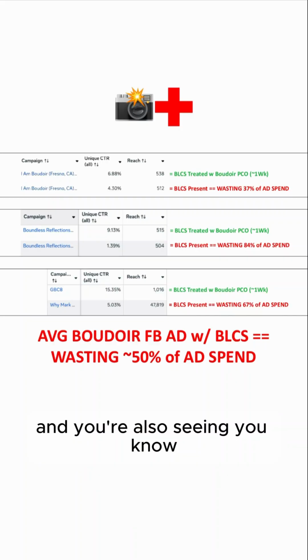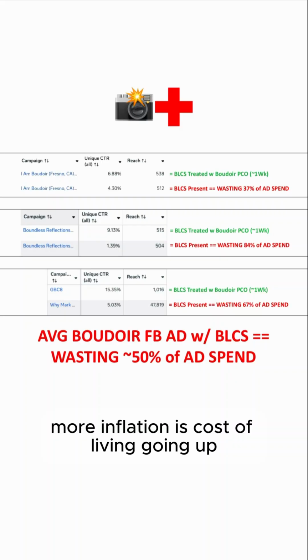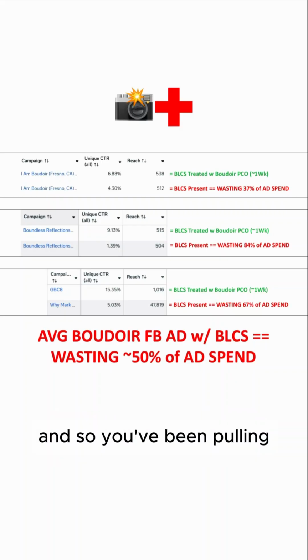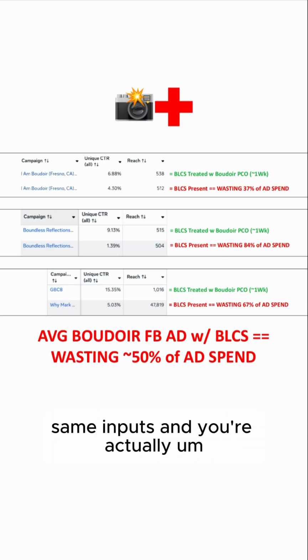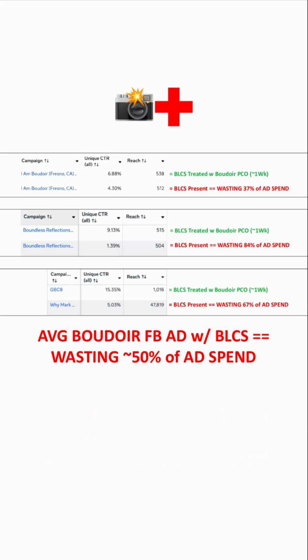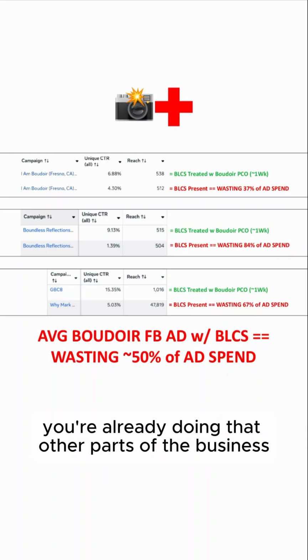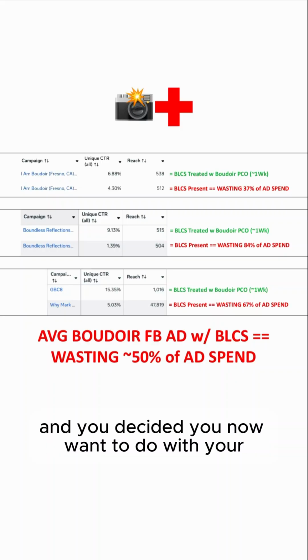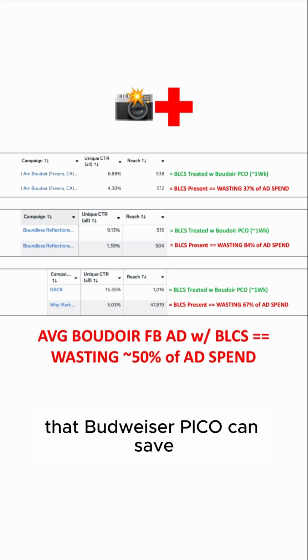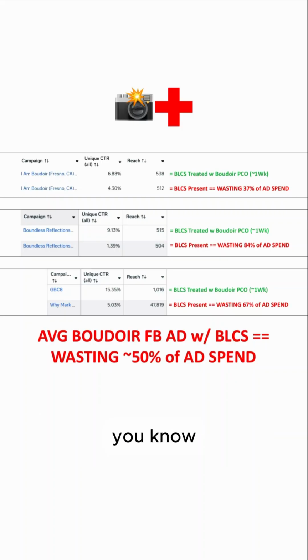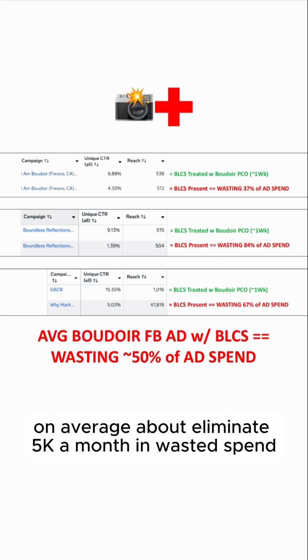And you're also seeing more inflation, cost of living going up. And so you've been optimizing other parts of the business, pulling more profit out of the same effort or same inputs. You're already doing that in other parts of the business, and you've decided you now want to do it with your Facebook ad portion of the business because you've seen that the Boudoir Pico can, on average, eliminate 5K a month in wasted spend.